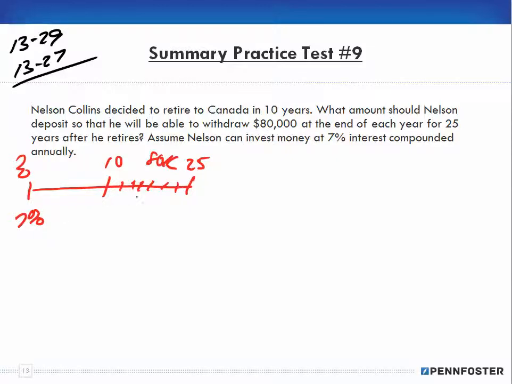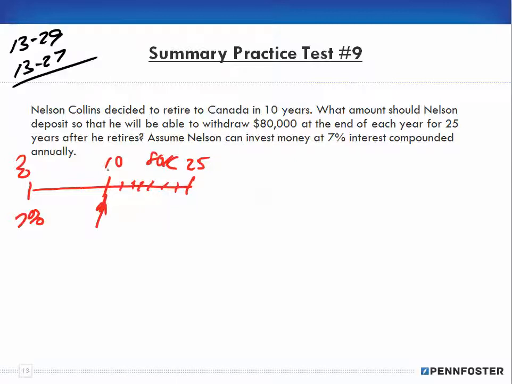It's compounded annually, so we're going to look up the present value factor, because we want to know what the value of the annuity is when it begins to take effect. We're working this problem backwards.